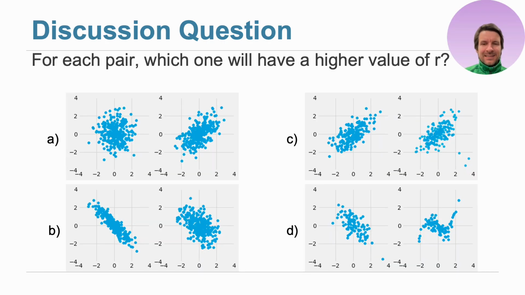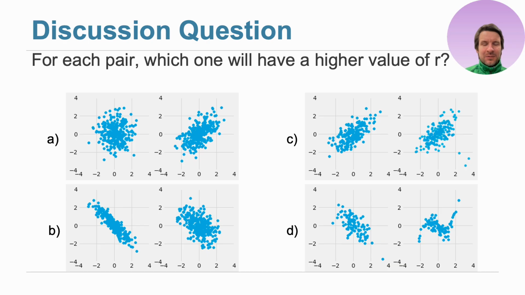Here's a little guessing game: which plot of the two in each pair has the higher value of R? Okay? In A, the first one looks like a cloud of points, maybe the correlation will be close to 0.